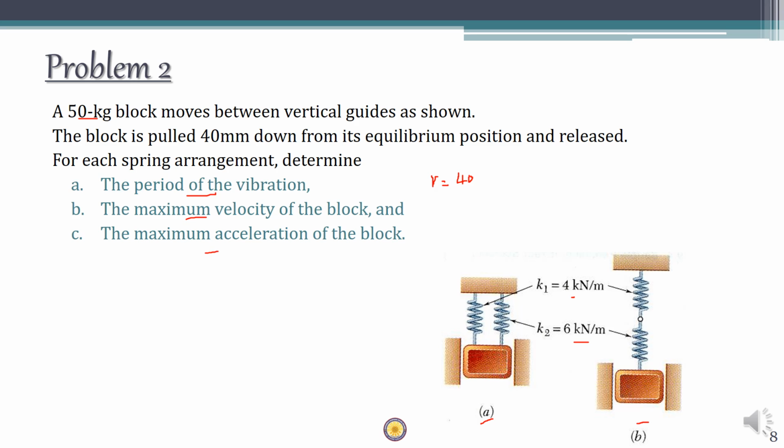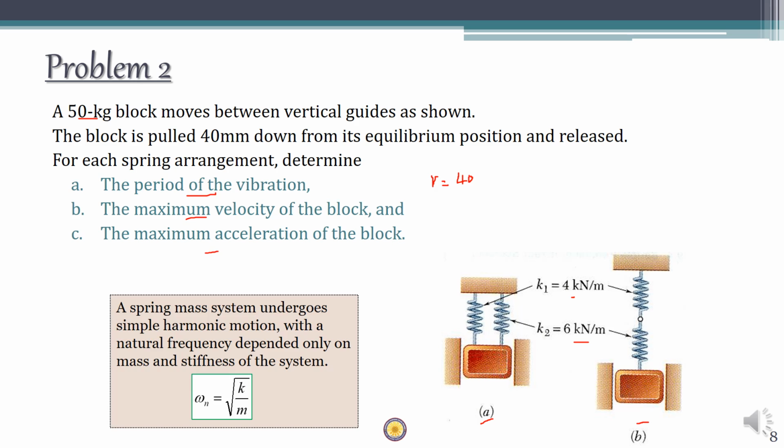It is to be understood that whenever there is a spring mass system, and none of the other forces are acting on it, the system will always undergo a harmonic motion, simple harmonic motion, in a frictionless world.